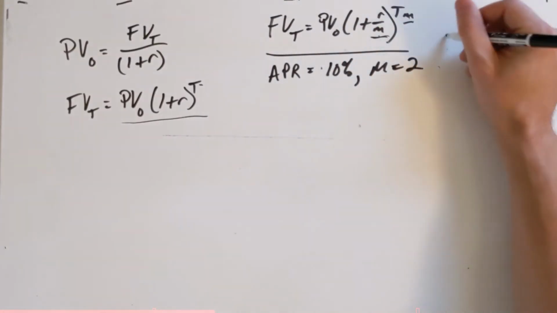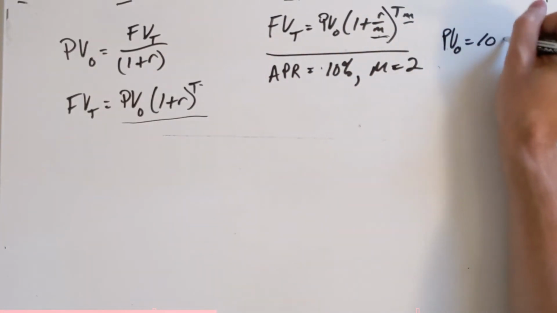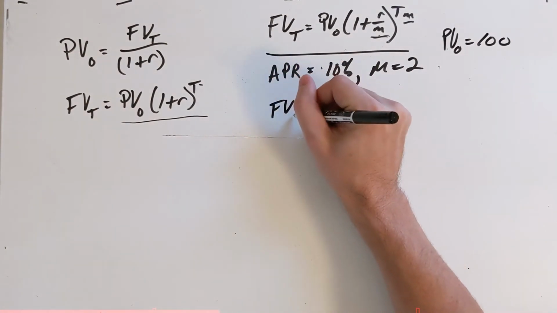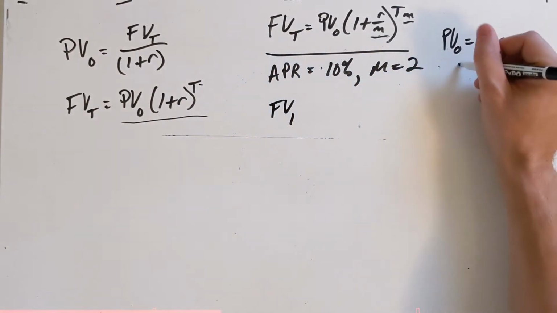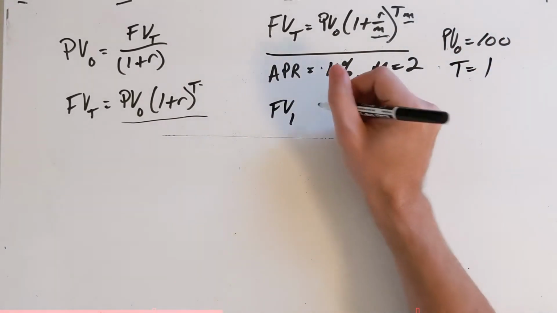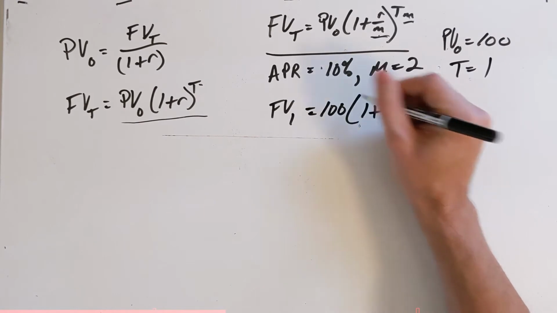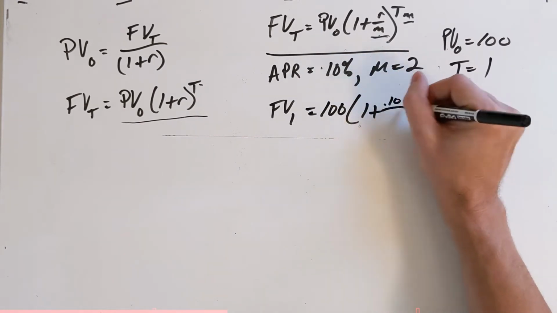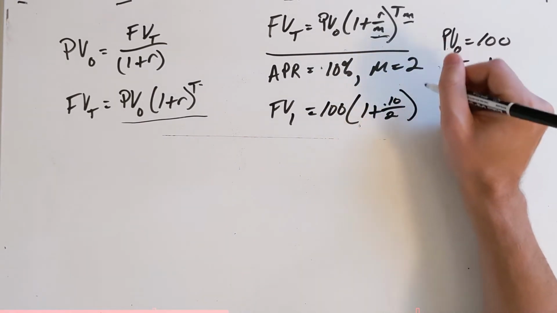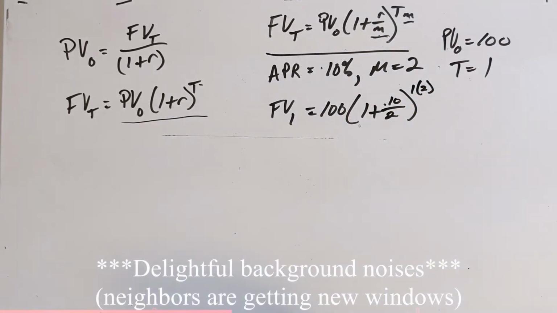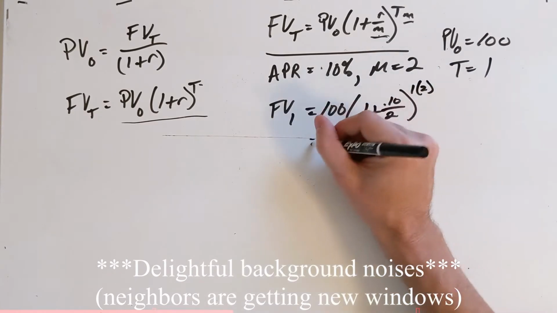Let's say that we are investing $100. Well, if we invest $100, the future value at time 1, because we are going to leave this for 1 year, is going to be equal to $100 times 1 plus 10% divided by 2, raised to the power of 1 year times 2. Okay, so we've already worked this problem.